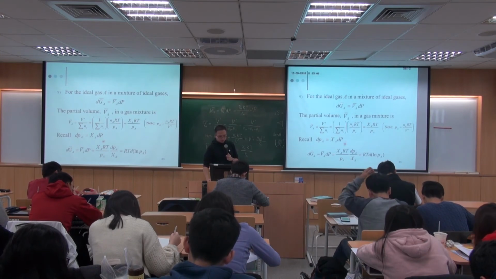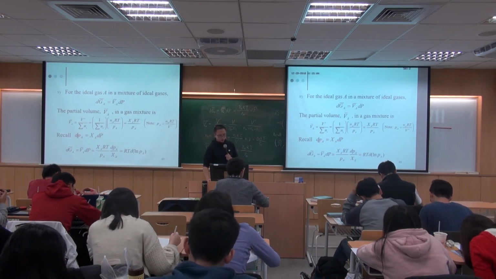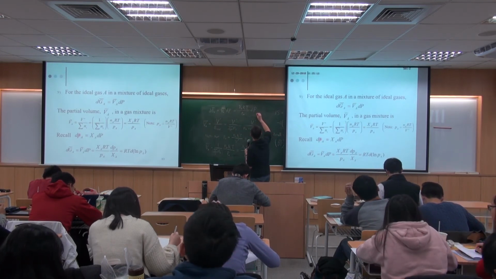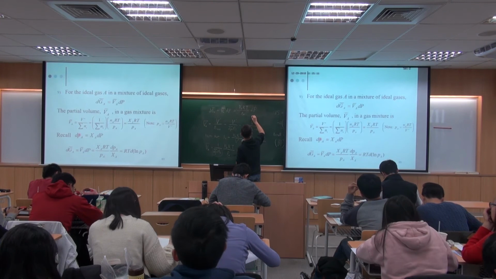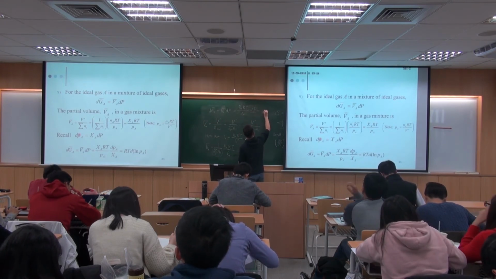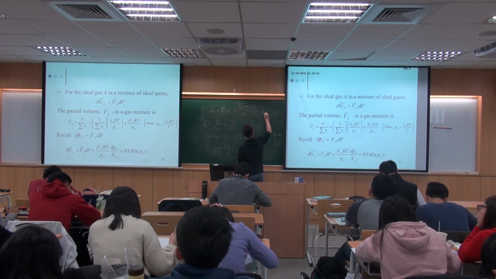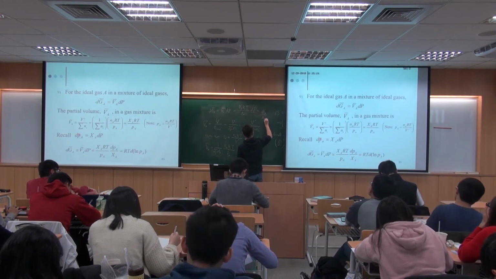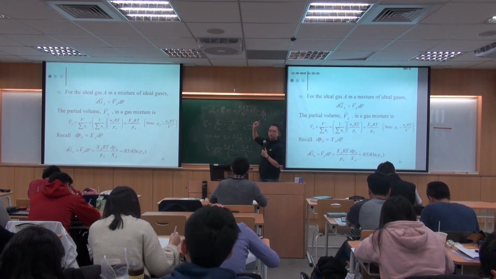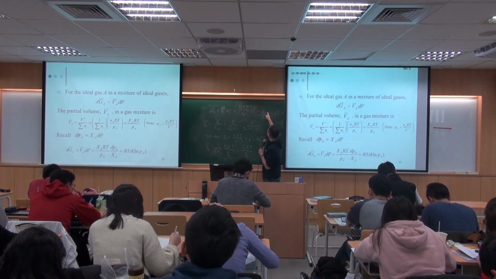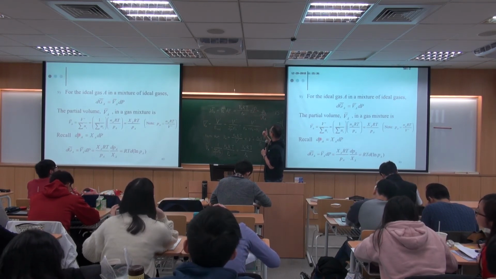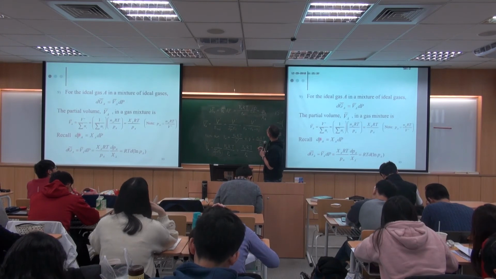We know that the small pA is XA times P. So let me write over here, this is dpA over XA, right? Because we know that pA will be the capital P times XA. So you have this conversion.